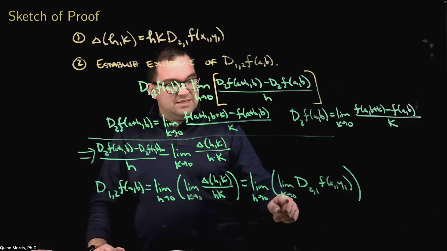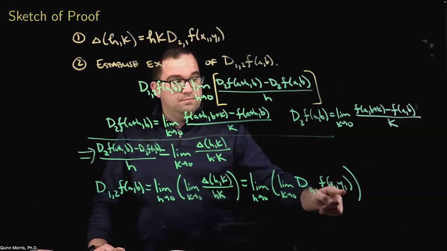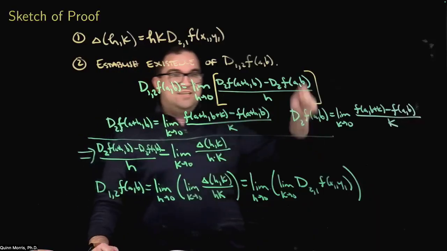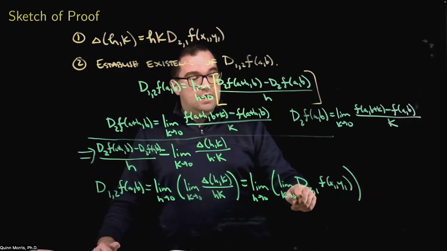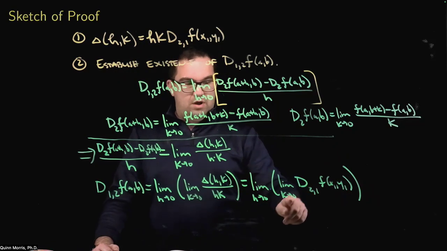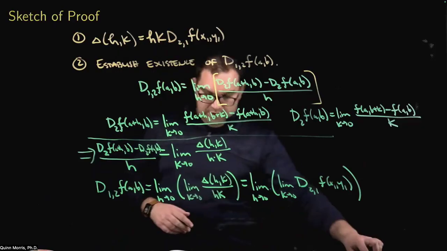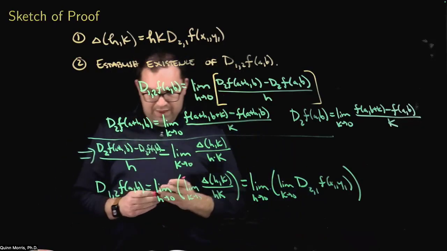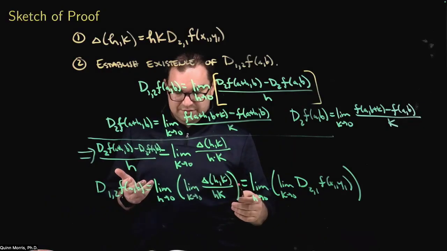As k goes to 0, y1 is going to be forced to b, but x1 is also changing as we change this k value, because our rectangle is changing. And so we don't know what happens to x1 as k goes to 0. So this is where we have to do a more subtle analysis.